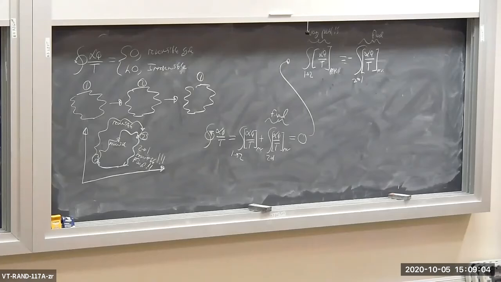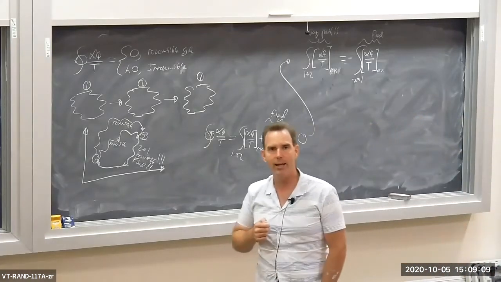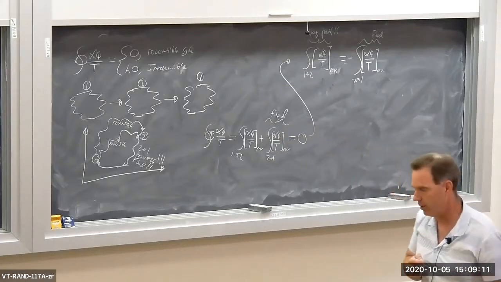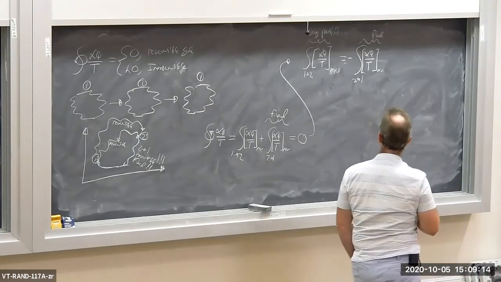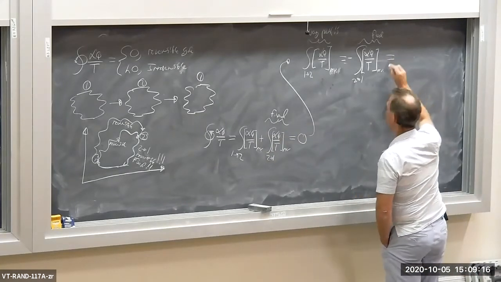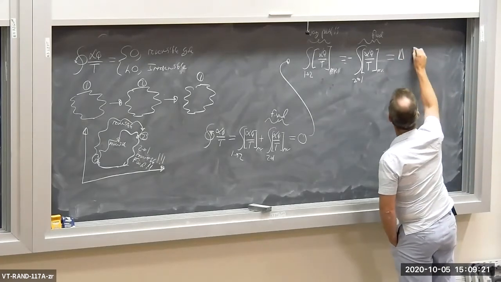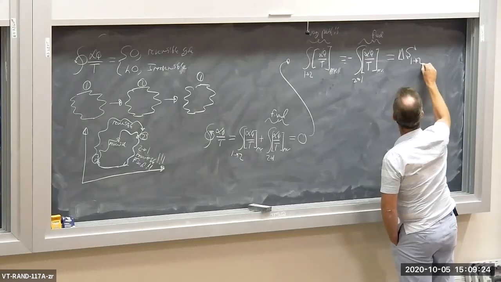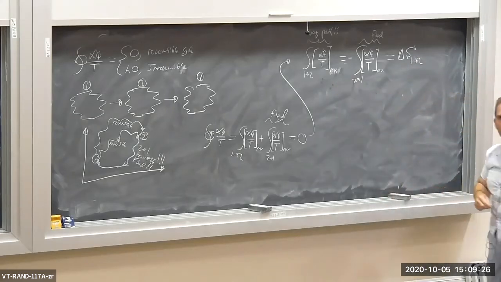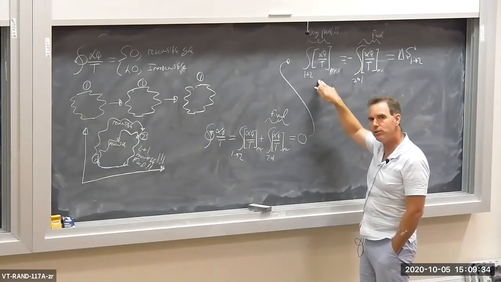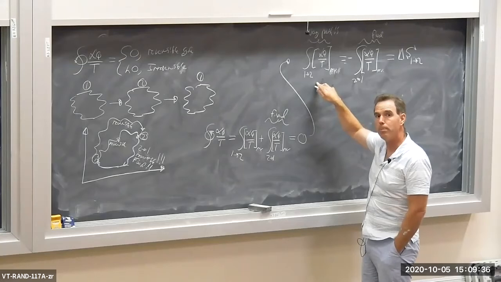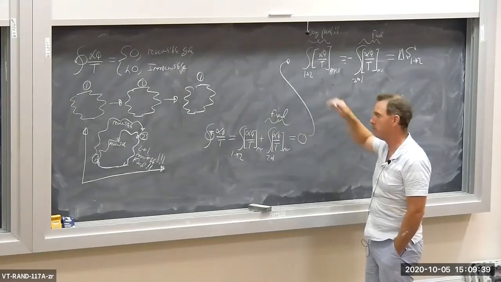So this strongly suggests that there exists some kind of property or point function called S, of which the change is equal to this integral over a reversible path. This is path independent. It basically means that this thing represents the change in a property.